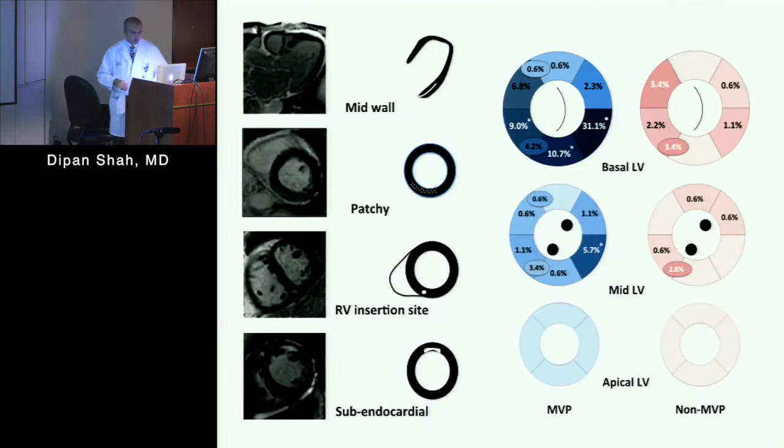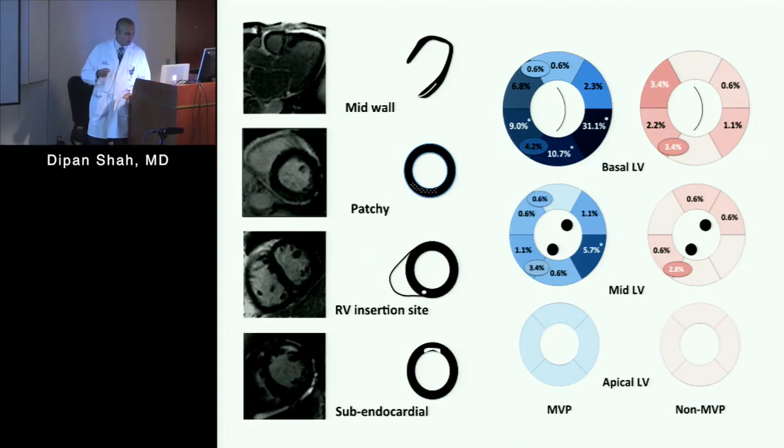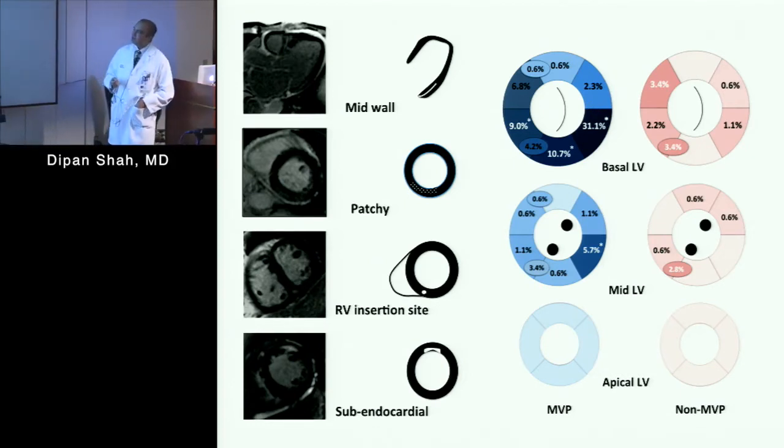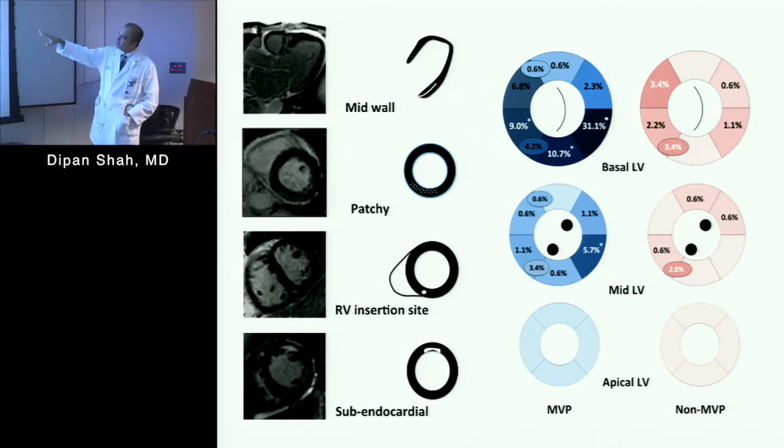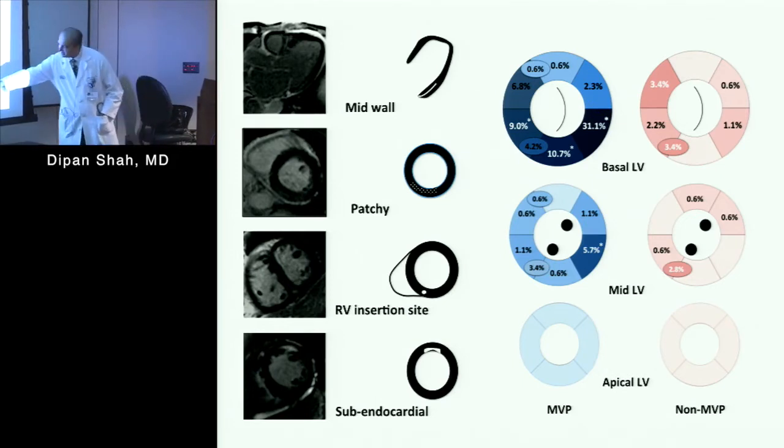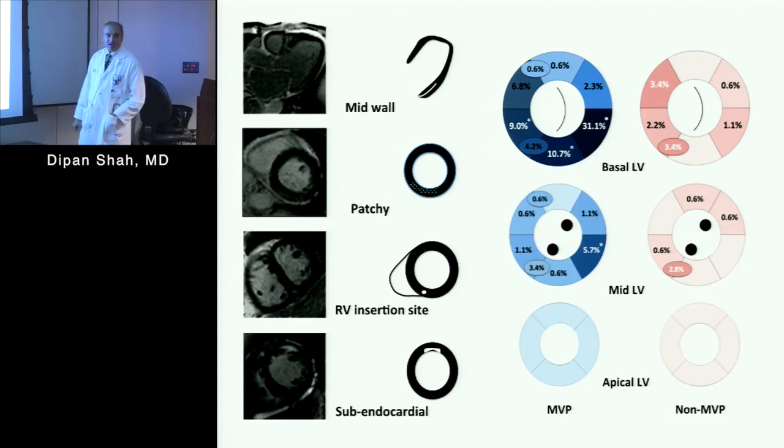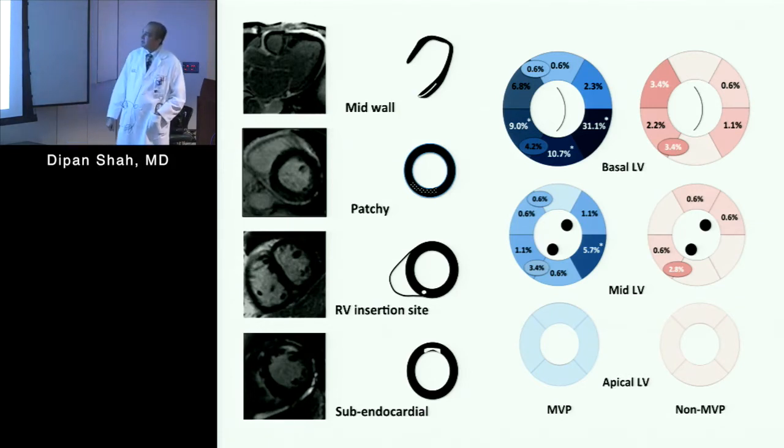We also looked at what the prevalence of fibrosis is in this large cohort of patients. The blue group here is the group of patients classified as having mitral valve prolapse, and the right group here is those that do not meet criteria for mitral valve prolapse. And what you'll notice is, again, the different types of fibrosis that we found in these patients.